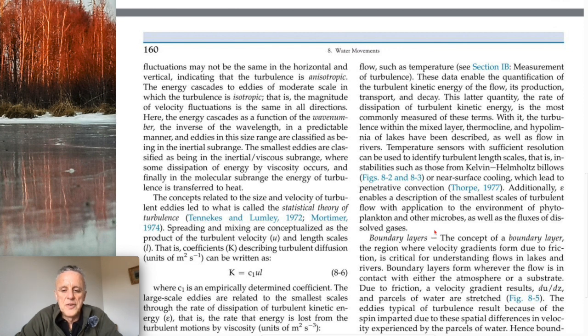Temperature sensors with sufficient resolution can be used to identify turbulent length scales, that is, instabilities such as those from Kelvin-Helmholtz billows or near-surface cooling, which lead to penetrative convection. Additionally, sigma enables a description of the smallest scales of turbulent flow with application to the environment of phytoplankton and other microbes, as well as the fluxes of dissolved gases.